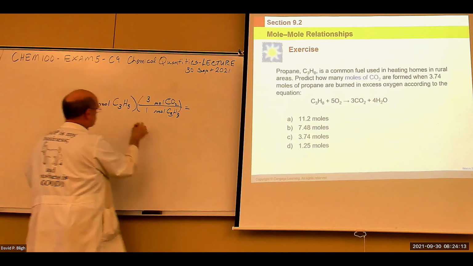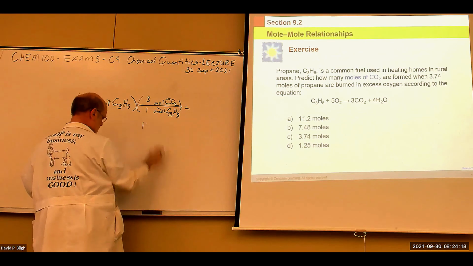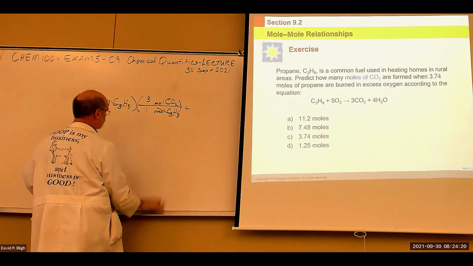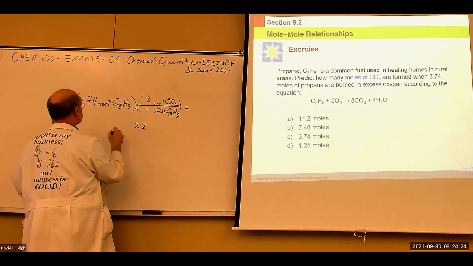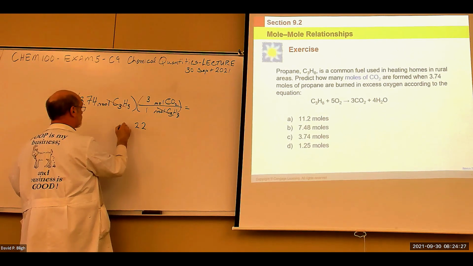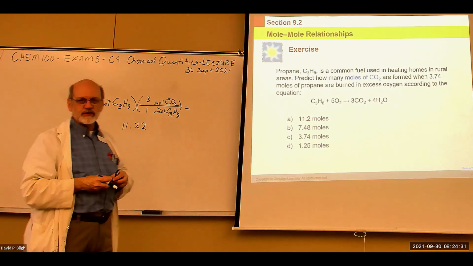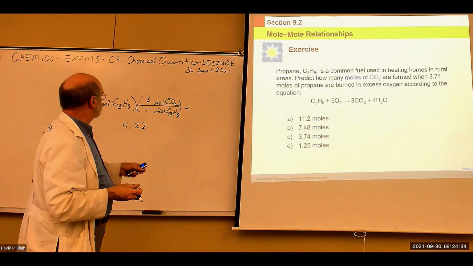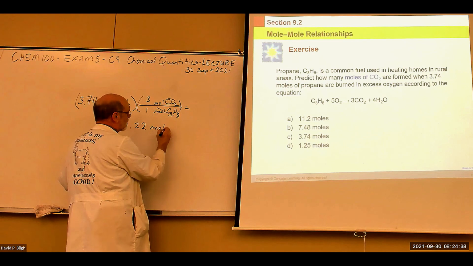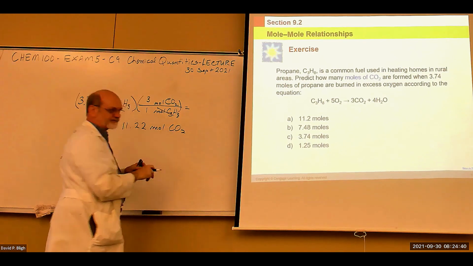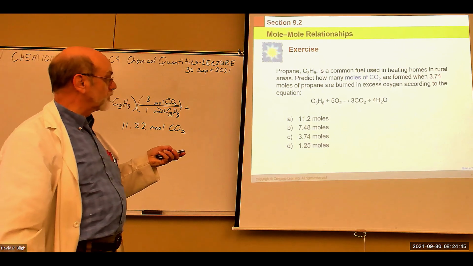Okay. So these cancel. 3 times that number is what? Let's see. 3 times 4 is 12. Carry the 1. 22. Carry the 2. And 11. Is that one of the answers? Yeah. 11.2 is 2 significant figures. All right. So 11.2 moles of carbon dioxide are produced from our starting amount of 3.74 moles of propane.